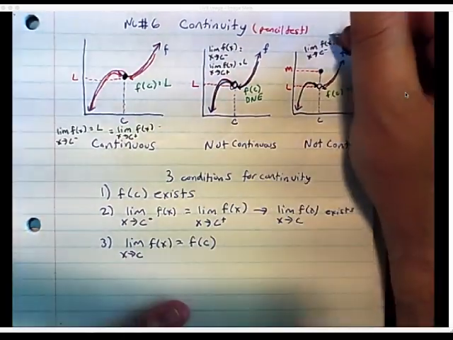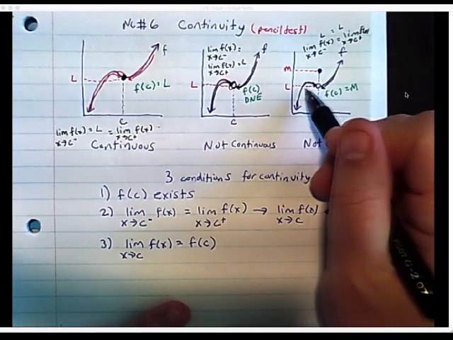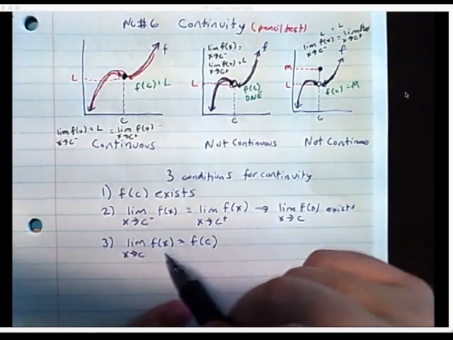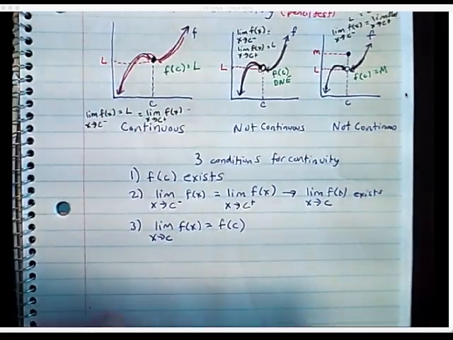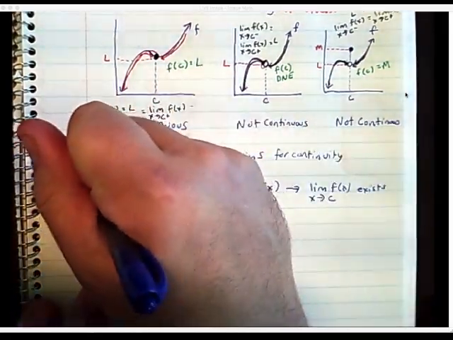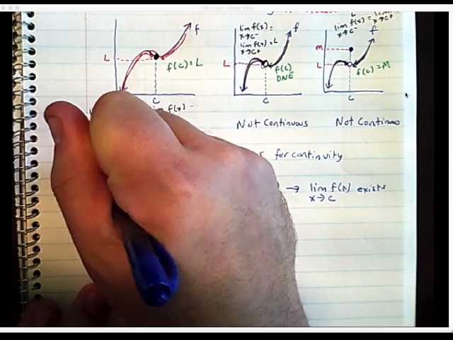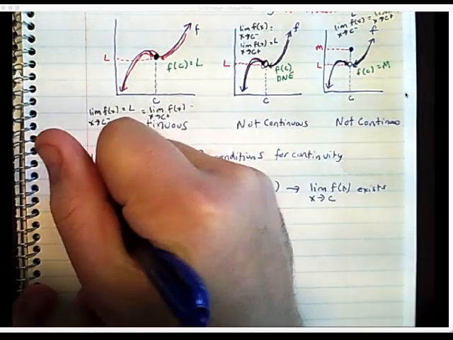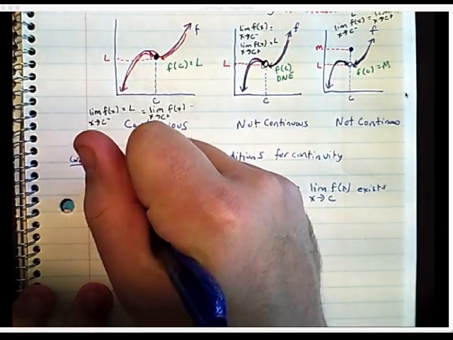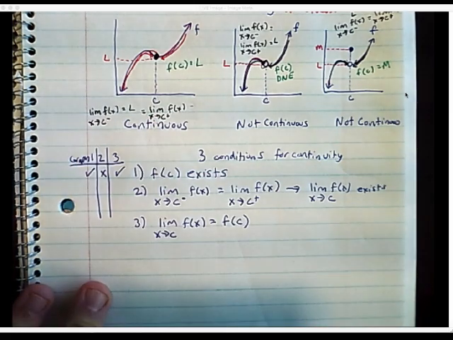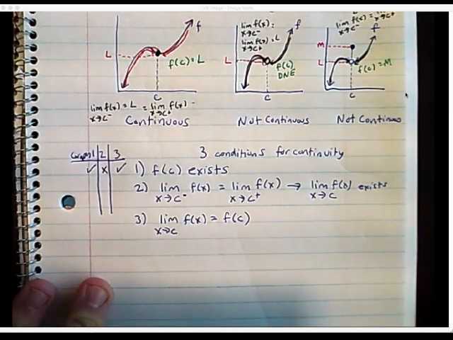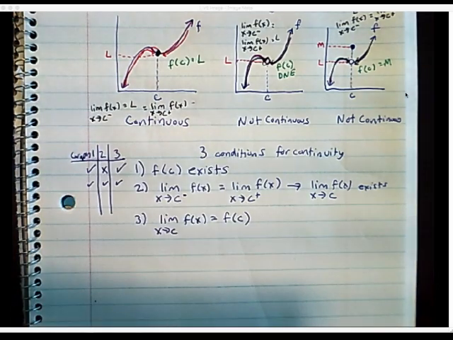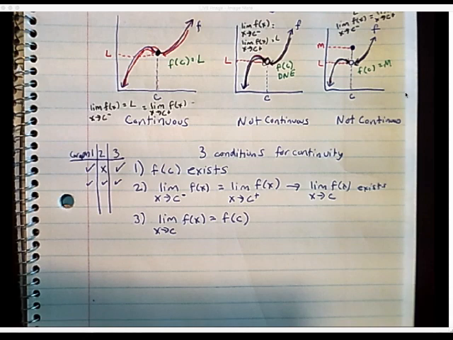Okay, and in both cases, I'm approaching L. I'm not approaching M. The graph itself, I'm approaching a y value of L. So if we make little check marks here, graph 1, graph 2, graph 3. Okay, so in graph 1 and graph 3, the function value existed, but it didn't exist there. Okay. And condition 2, in each case, it worked. The limit was L in each graph.